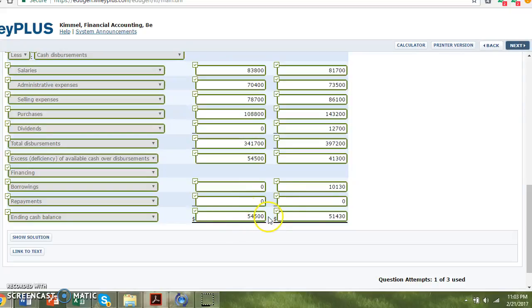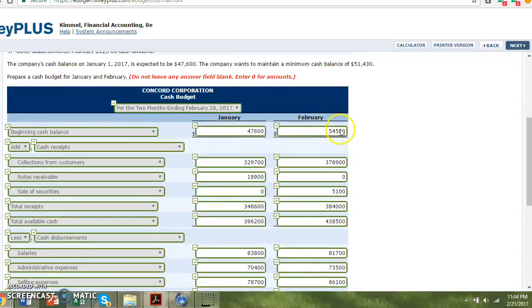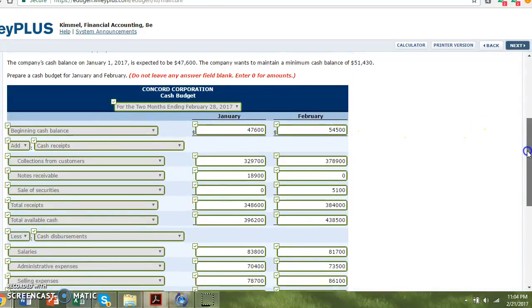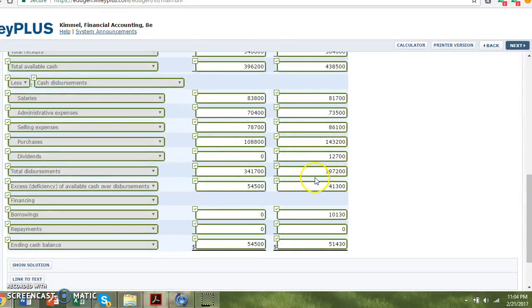Since we now have this number, we can put that in for February all the way up here. Then we can go through and do our math again. So we have this, and we can take that and add it to our total receipts to get our total available cash, which we can then take and subtract our total disbursements from it, which will give us this $41,300.